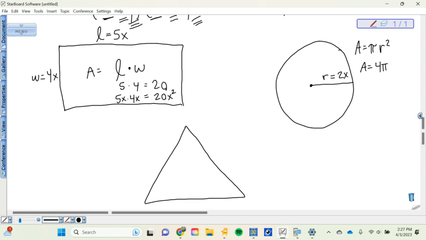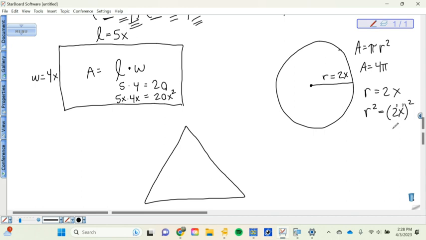What if my radius was 2x? What would r squared be? If r equals 2x, r squared would be 2x squared. What do we do when we raise a power to a power? Multiply. So that's like 2 to the first, x to the first.